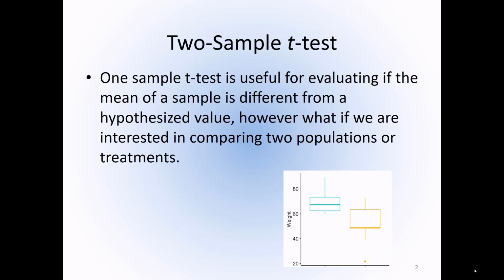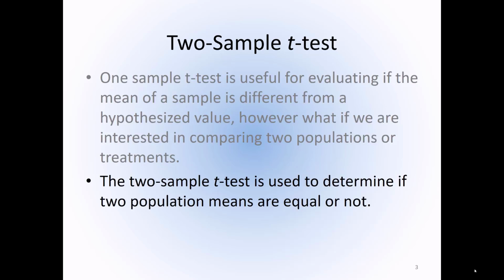For the one sample t-test, it's useful to evaluate if our mean is different from some type of hypothesized value. But in many situations, we're interested in comparing two different populations or two different treatments, maybe different ecosystems, different years, different species, different age classes.